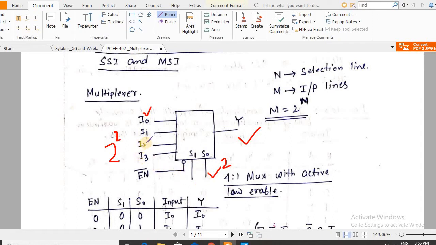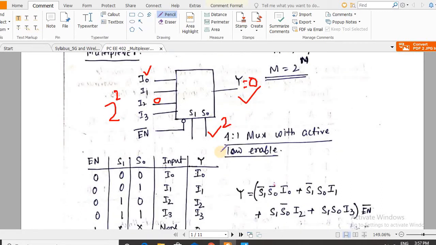Suppose we have information 0 available at I2. Now if we select this I2 input by the selection, then y will be equal to 0. That means the value of I2, or more generally we can write y is equal to I2. Now this is a typical 4:1 mux.